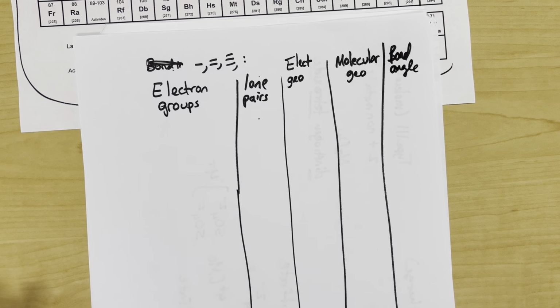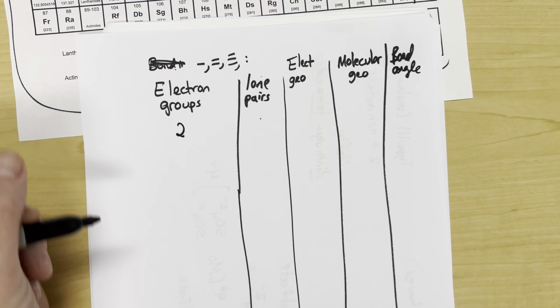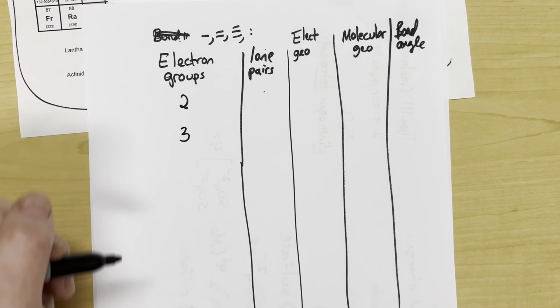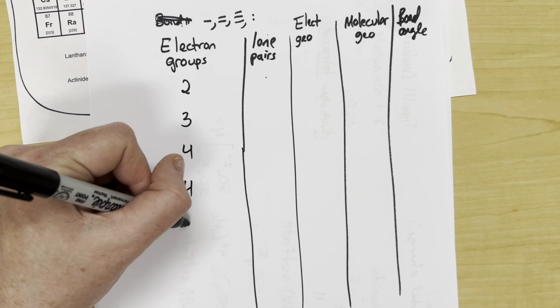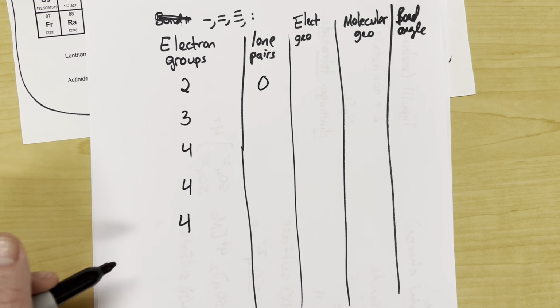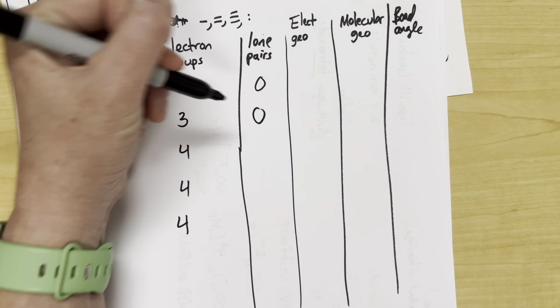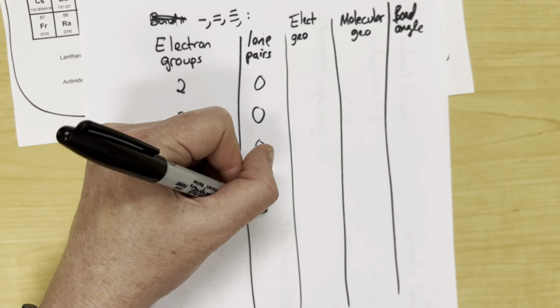The way we did it is like this. We said you're going to have a 2, a 3, a 4, 4, 4. That's it. For the 2, we had 0 lone pairs. For the 3, we had 0 lone pairs. And for the 4s, we went 0, 1, 2.